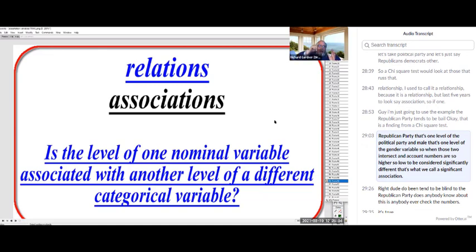Republican Party, that's one level of the political party, and male, that's one level of the gender variable. So when those two intersect and the count numbers are so high or so low to be considered significantly different, that's what we call a significant association.